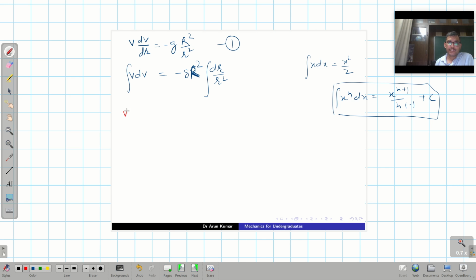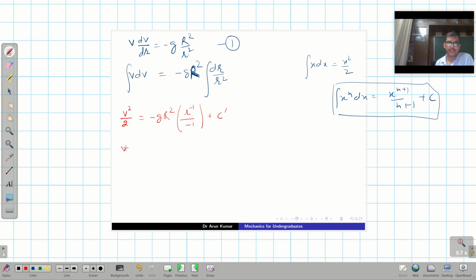So using this I can write it as v square upon 2 is equal to minus gR square, and it is r raised to power minus 1 over minus 1, plus some constant, let us call it c prime.